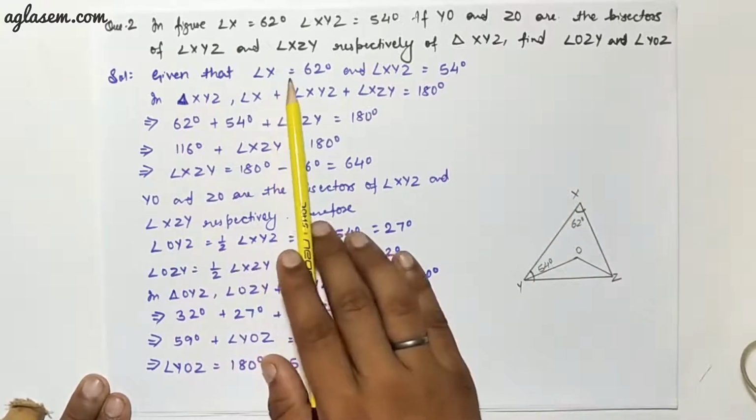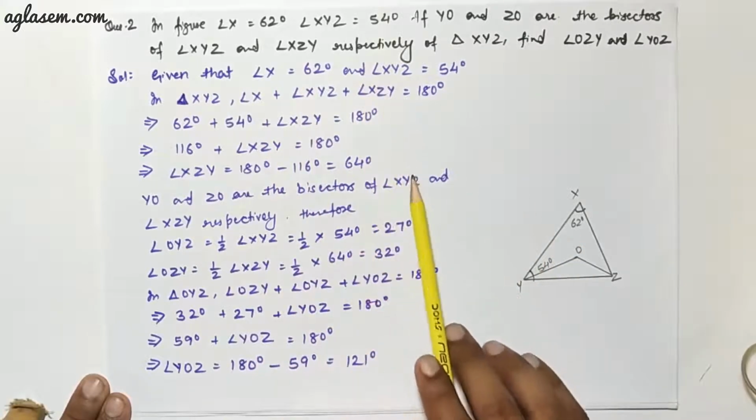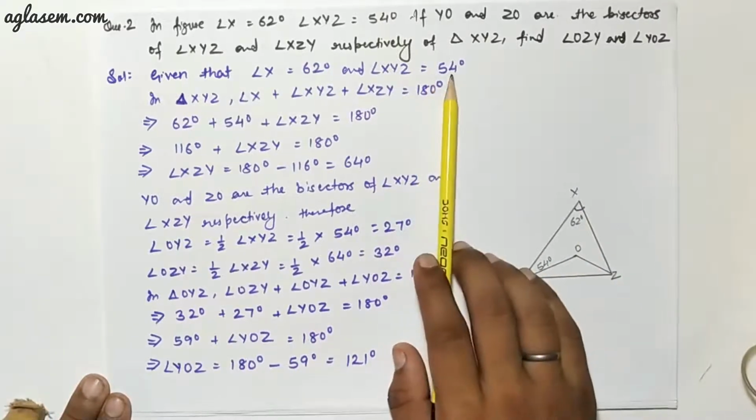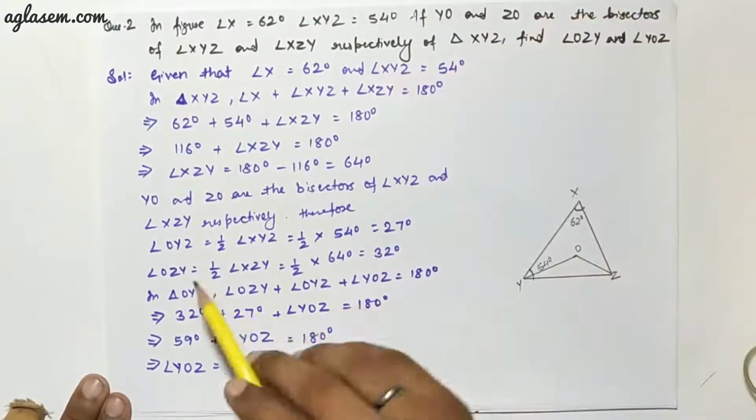So given that angle X is equal to 62 degrees and angle XYZ is equal to 54 degrees.